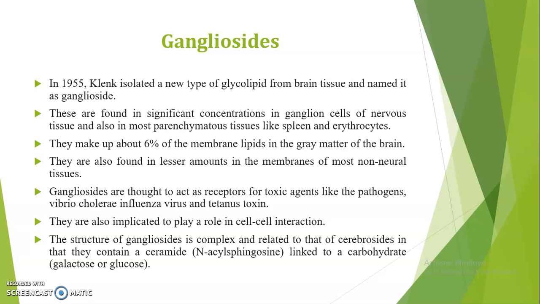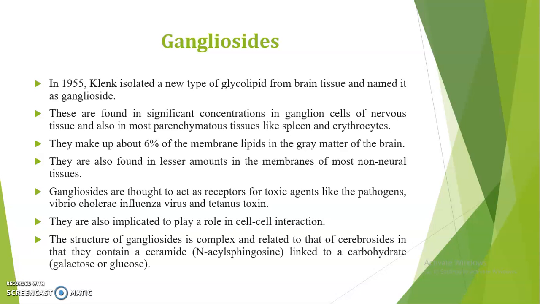The structure of gangliosides is very complex and related to cerebrosides. They contain a ceramide, which is nothing but N-acyl sphingosine, linked to a carbohydrate, that is galactose or glucose.